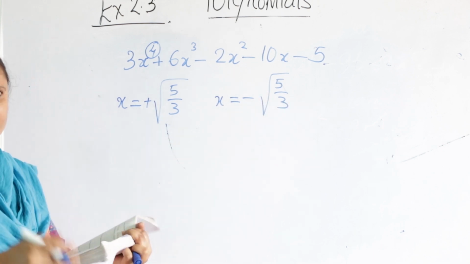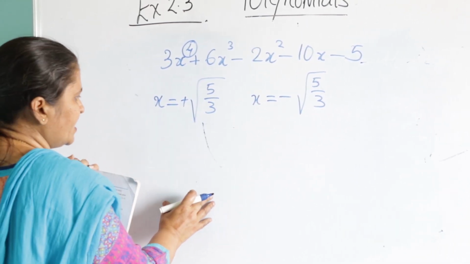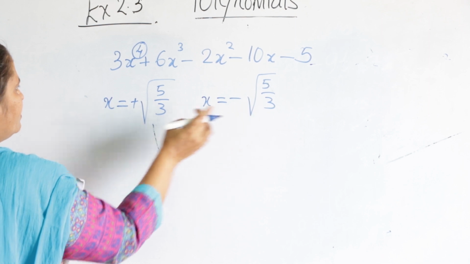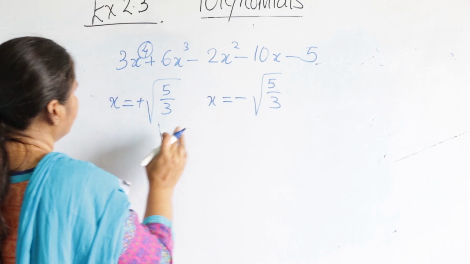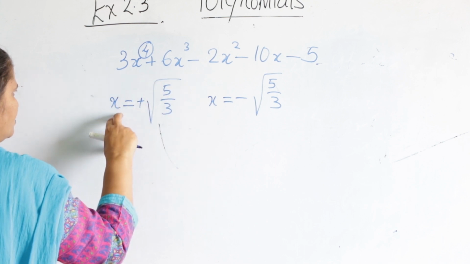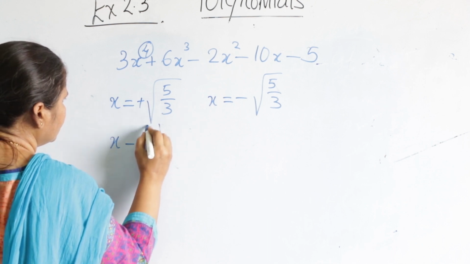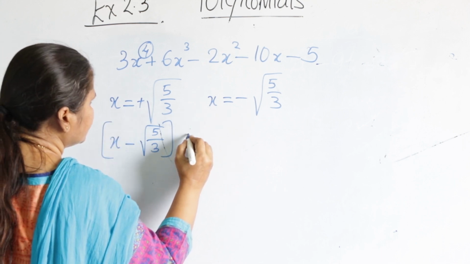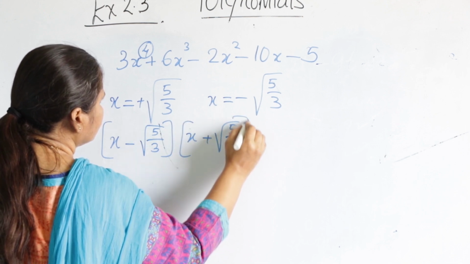If you recall finding the zeros of a quadratic polynomial, finally we get x is equal to something. When the zeros are given, x is equal to plus root 5 by 3, minus root 5 by 3. Now I will transpose this plus root 5 by 3 to the left hand side. So x minus root 5 by 3, and this is x plus root 5 by 3.